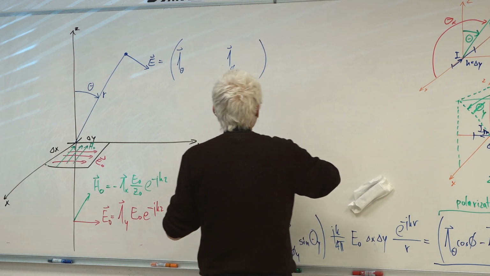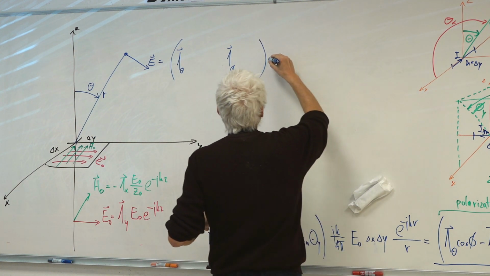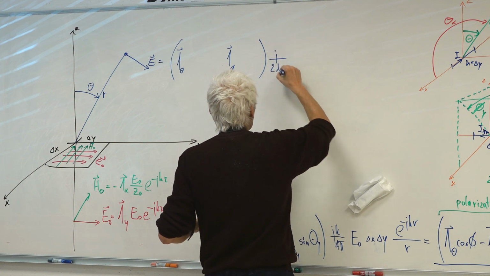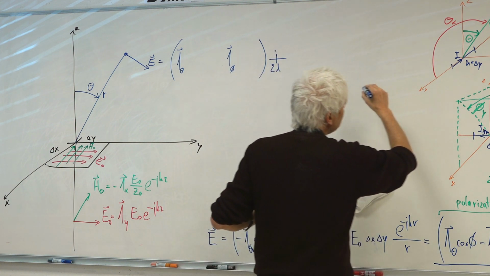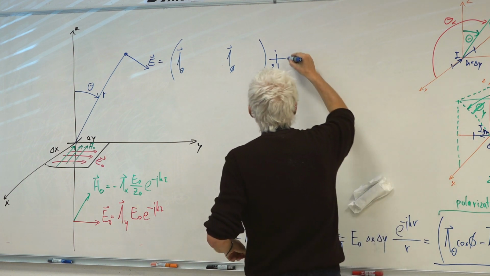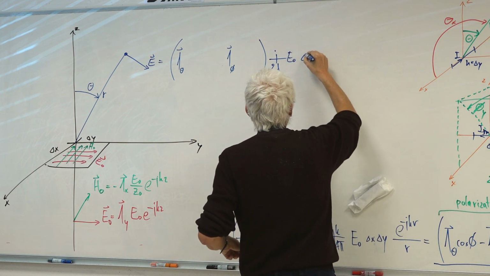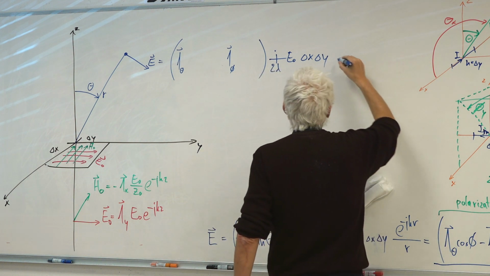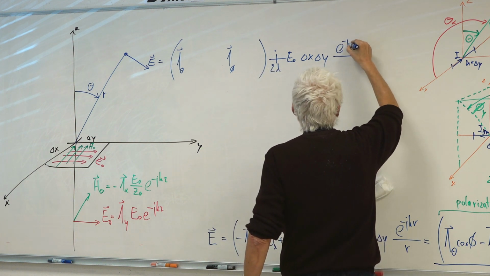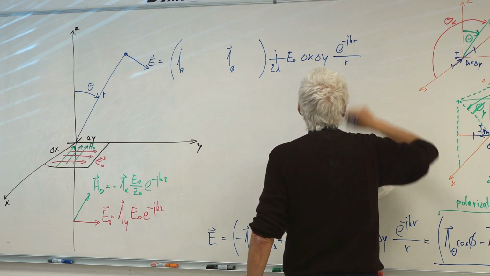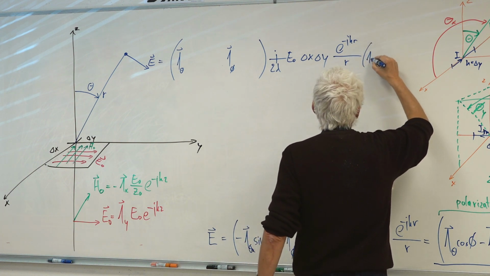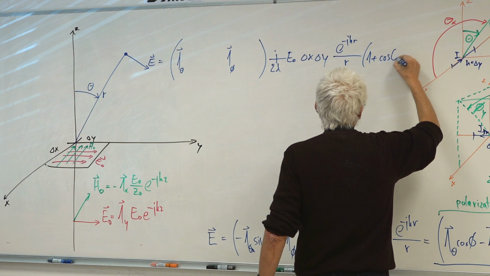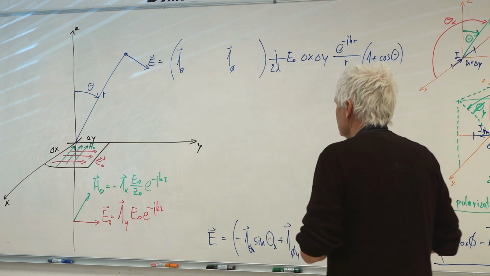All the rest is the same, so it's j over 2 lambda, E0, delta x, delta y, the size of our Huygens source, e to the minus jkr over r, and the same radiation pattern of theta, because this does not change.